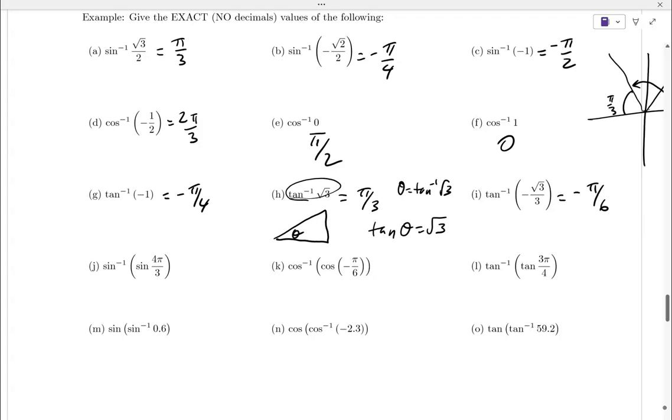So I would need to create a right triangle where my opposite side is root 3 and my adjacent side is 1. Pythagorean theorem would give me a 2 for my other side, and I should recognize that then as a 30, 60, 90 triangle. And so this would have to be a 60-degree angle there. That's another way to do it, create it out of the triangle. Personally, I think that takes a little longer, but you can do it that way. We will come back to this triangle idea here in a little bit when we're simplifying some expressions.